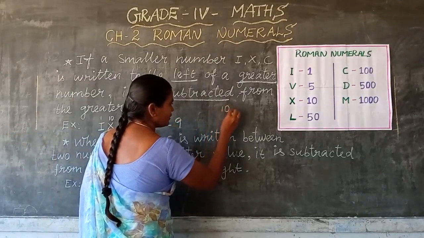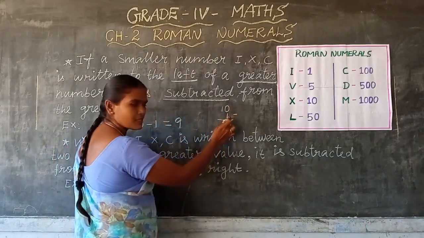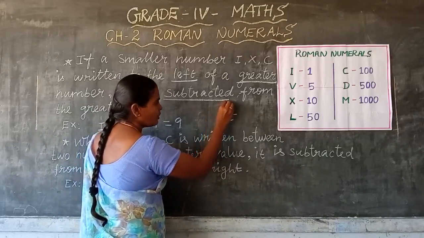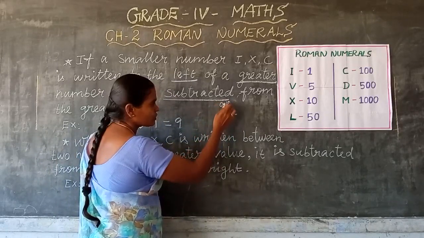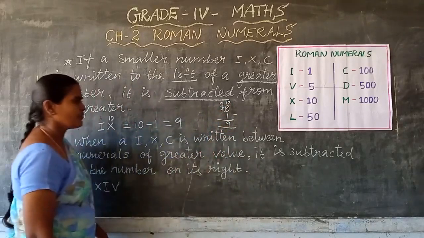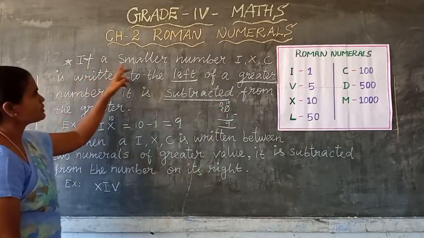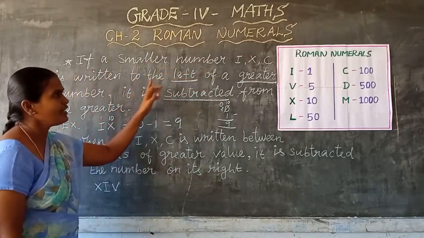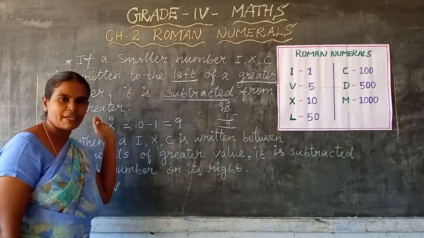10 minus 1 means we get the answer 9. 0 minus 1 is not possible, so borrow: 0 becomes 10, this 1 is reduced and we write 0. So 10 minus 1, 9. So we get the answer 9. See here, if a smaller number I, X, C is written to the left of a greater number, it is subtracted from the greater.